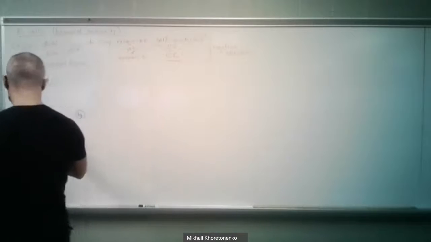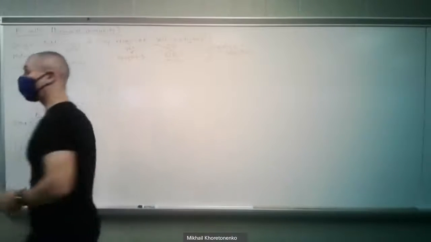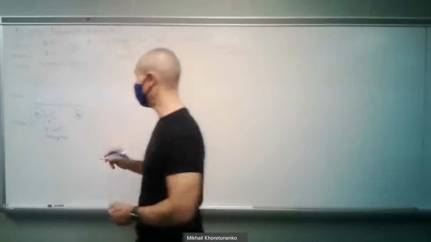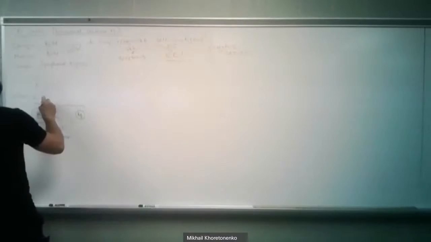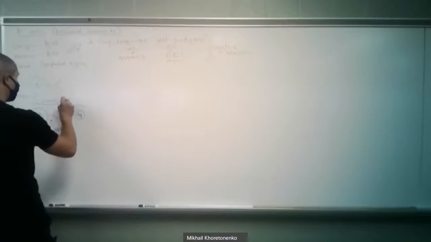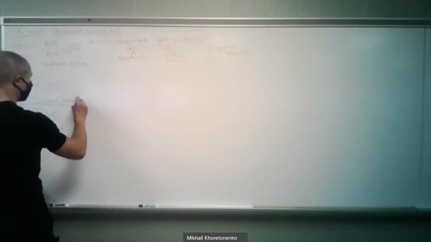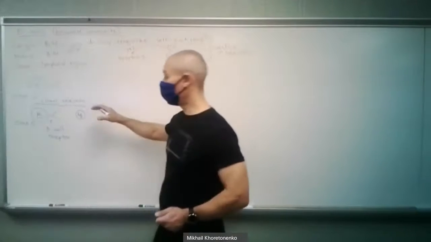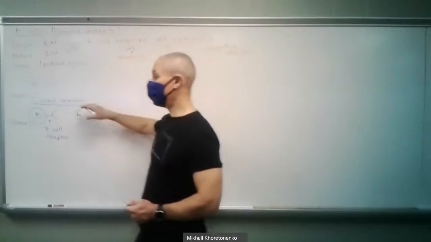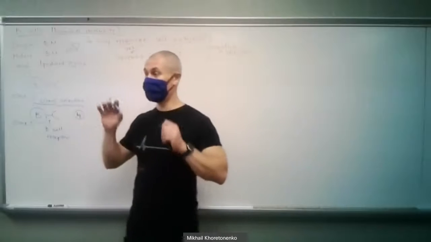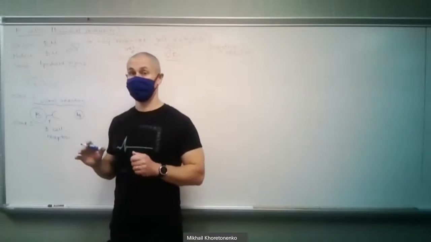So that moment when clone number 2 recognizes an antigen, we call it clonal selection. So at this point, the B cell clone is selected. Does it make sense?